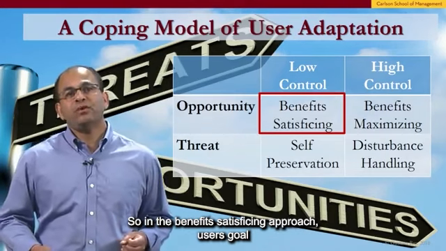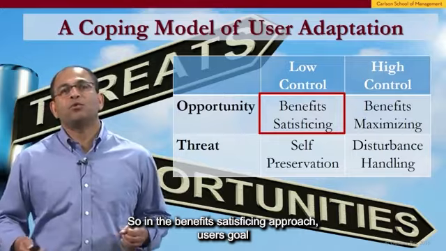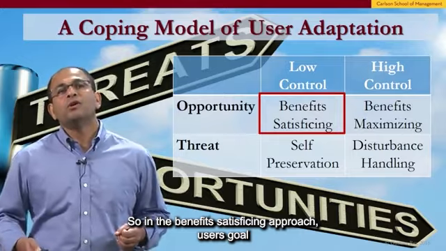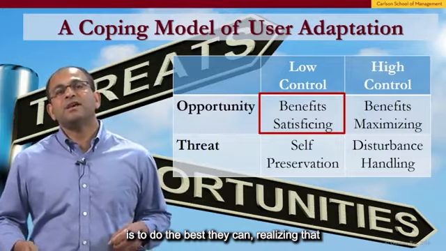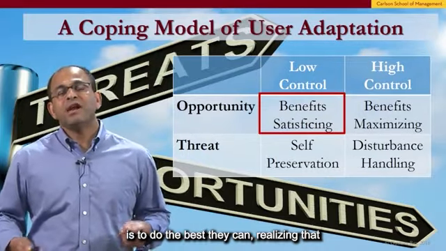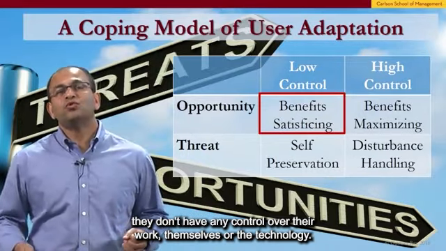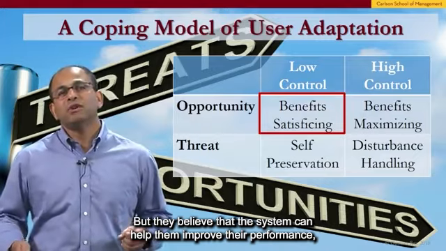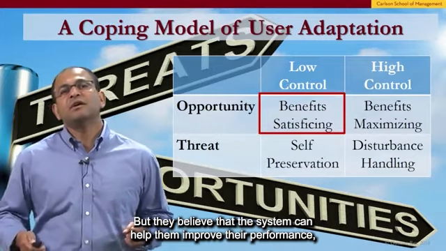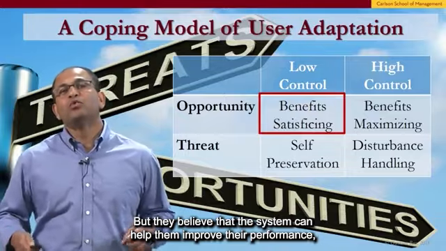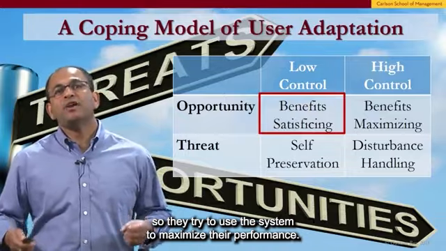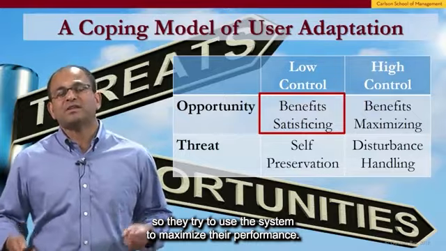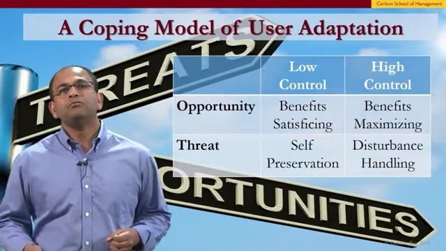So in the benefits satisficing approach, users' goal is to do the best they can, realizing that they don't have any control over their work, themselves, or over the technology, but they believe that the system can help them improve their performance. So they try to use the system to maximize their performance.